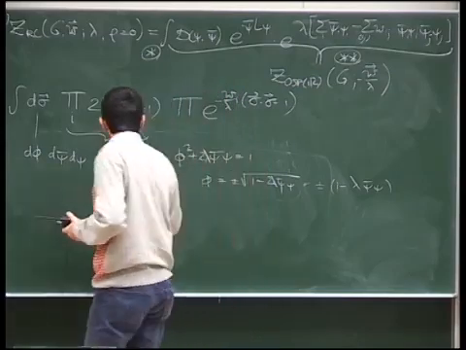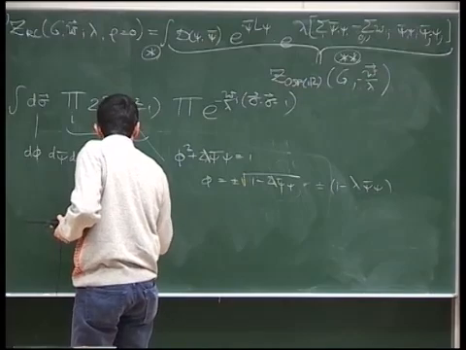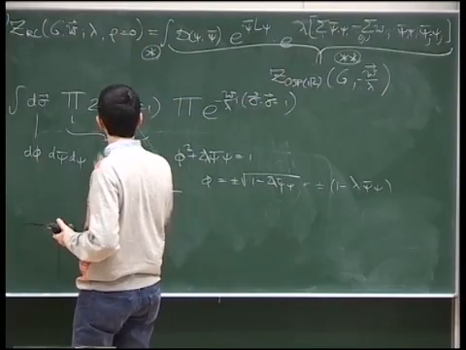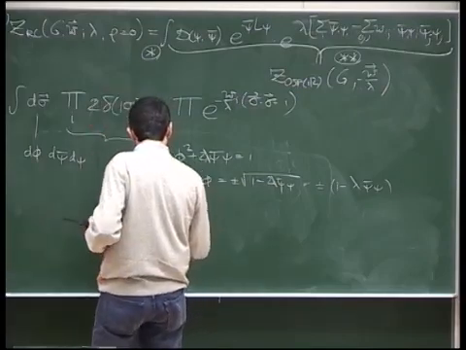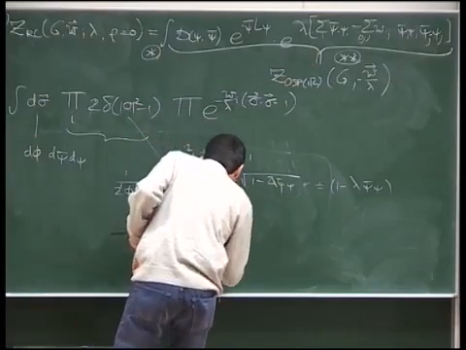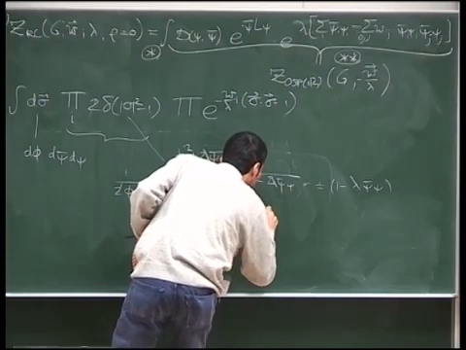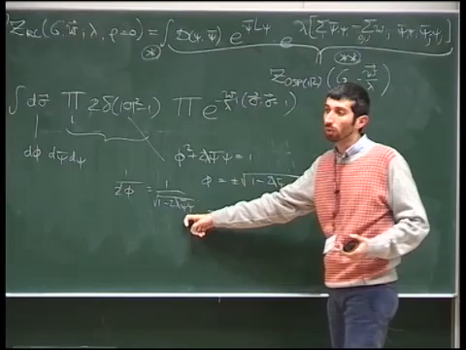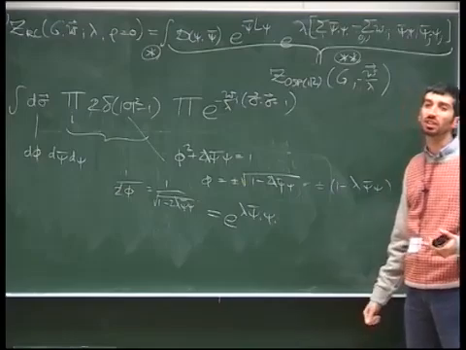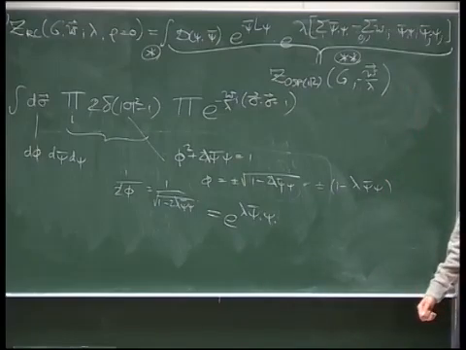The Jacobian is 1 over 2 phi, and the 2s simplify: 1 over the square root of 1 minus 2 lambda psi bar psi, which is equal to its exponentiation. This is another source of an infinite number of terms in the O(N) model, and here it is just a mass term.